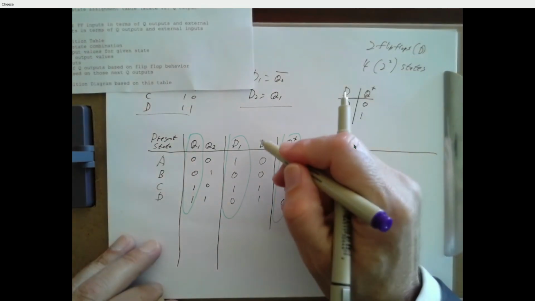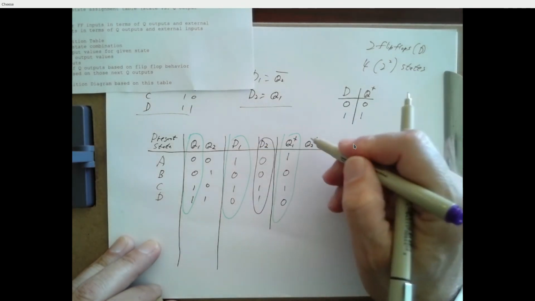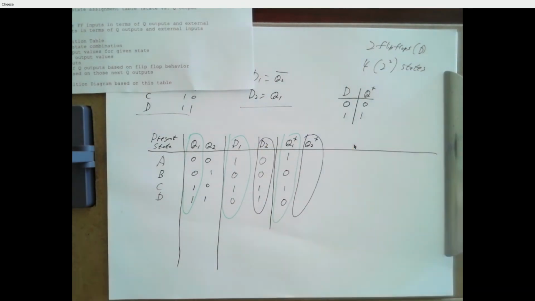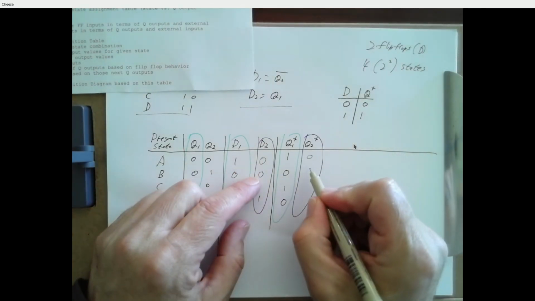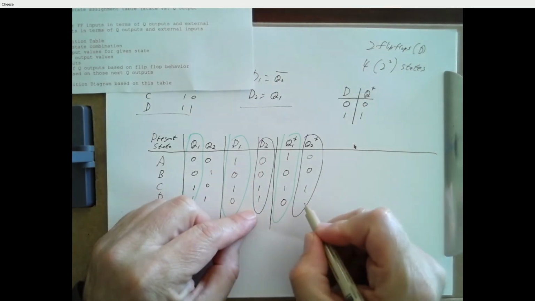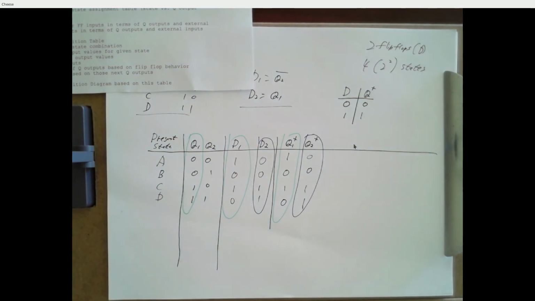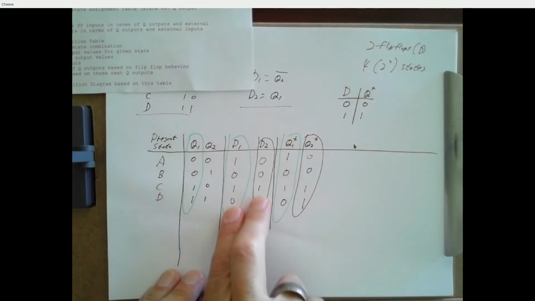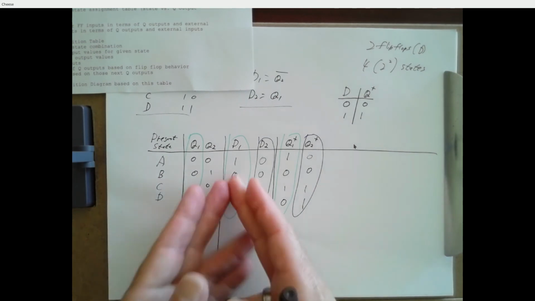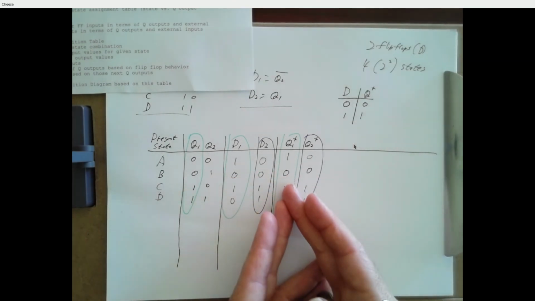And now if we just look at D2 and Q2, if the input's a 0, the output's going to become a 0. If the input's a 1, the output's going to become a 1. So when you do this with D flip-flops, what you realize at some level is this is just a copy of that. We're just taking D1, writing it down as Q1 plus.